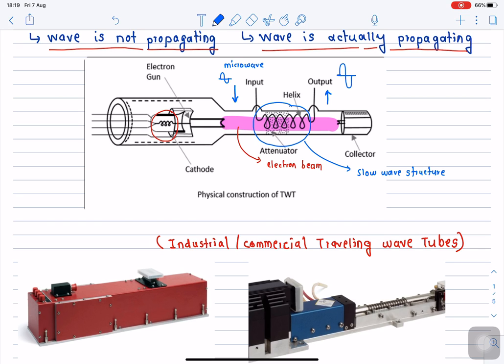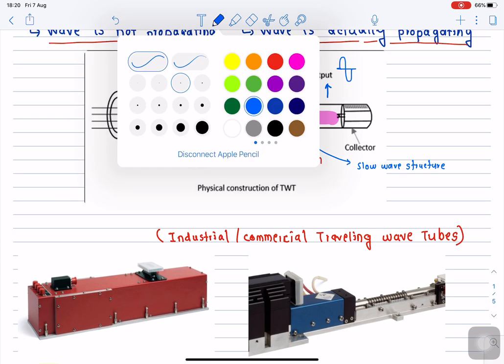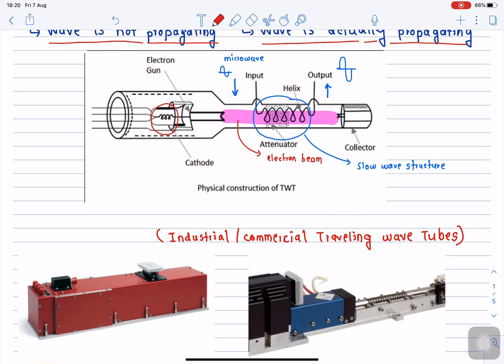Now when the microwave signals start traveling over the slow wave structure, it induces the axial field in this particular direction, which is exactly in a linear direction with the beam, which is shown over here. Okay, so this red color arrow, whatever I am showing, we call it an axial electric field.